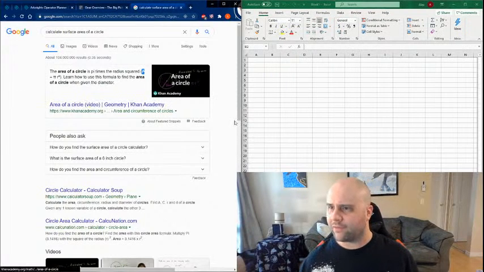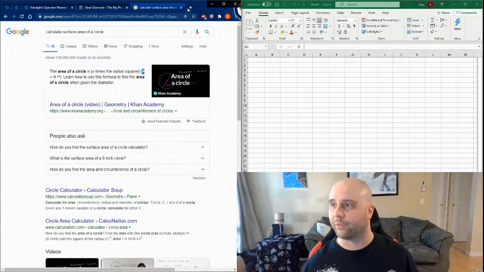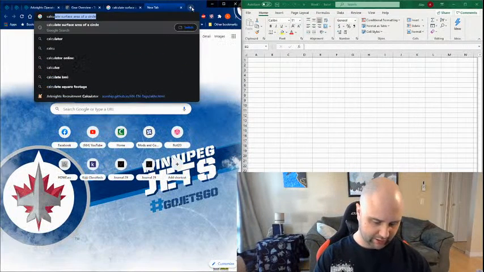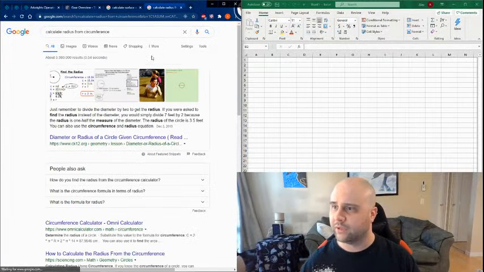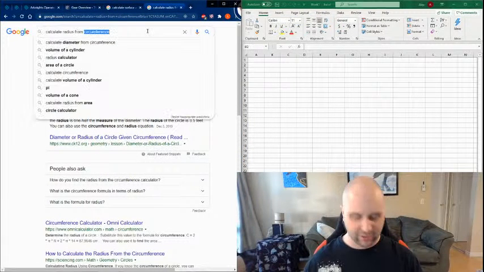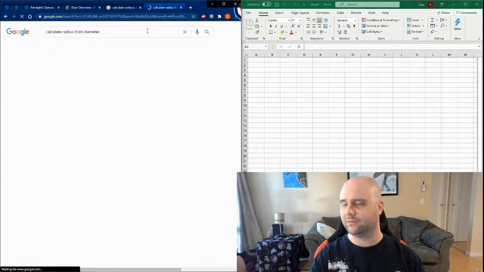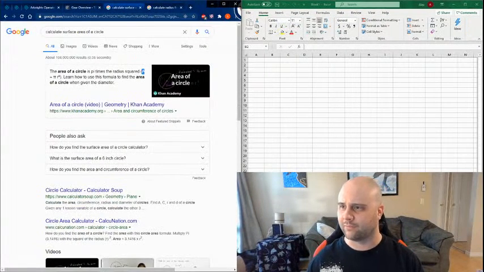Okay, so we gotta figure out, based on the size of the pizza, so they measure the pizzas via the diameter. We're using the diameter. Okay, so area of a circle is equal to pi times the radius squared. So the radius of the circle, we do have to figure out the radius. Calculate the radius from the diameter. Just remember to divide the diameter by 2.